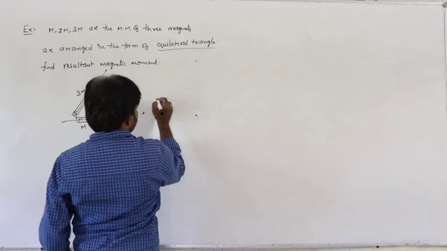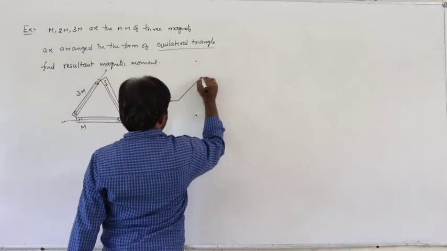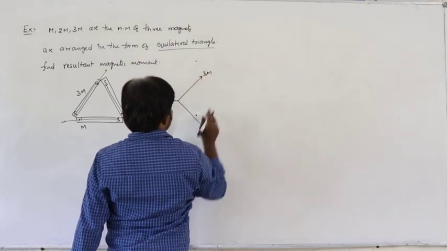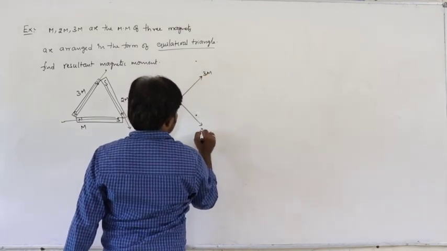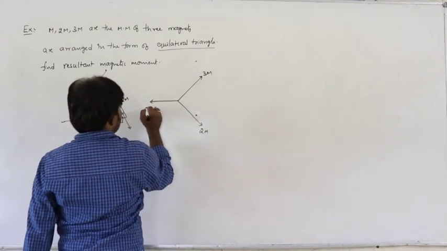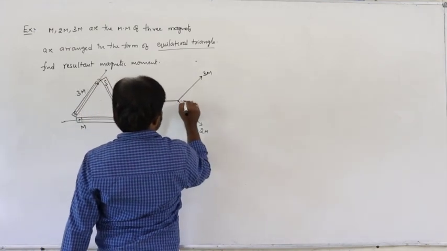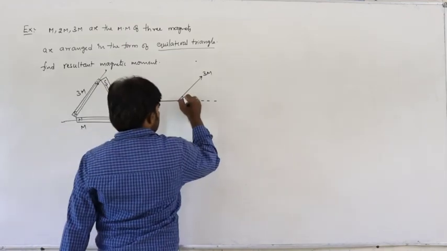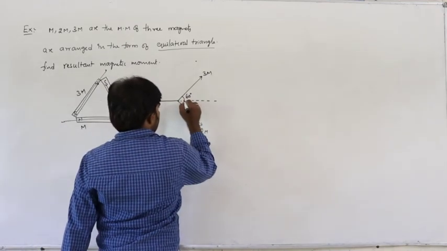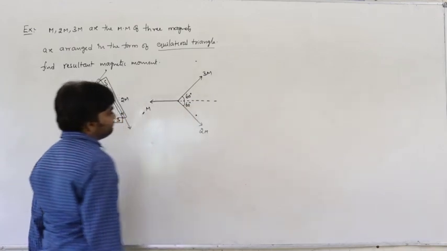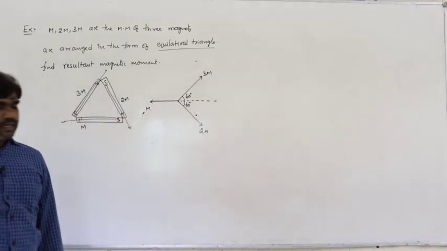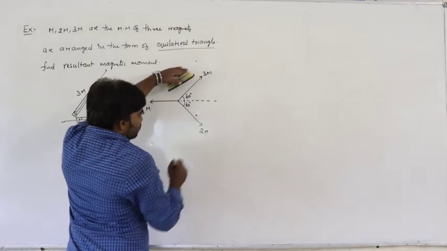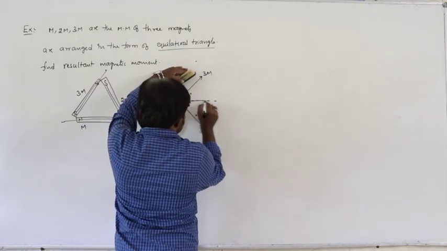This is mainly based on the concept of resolution of vectors. 3M, 2M, M. If we draw this, the total angle is 120, and this is 60 and also 60, and 60. Now first 2M divides into two components according to resolution of vectors.